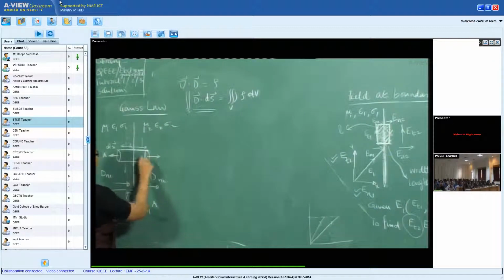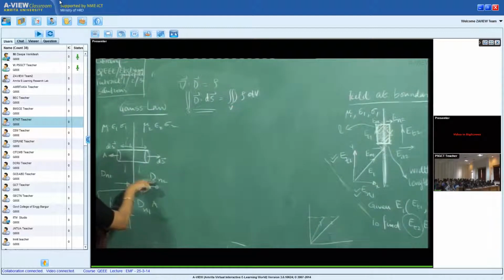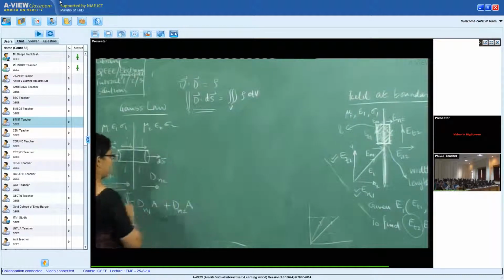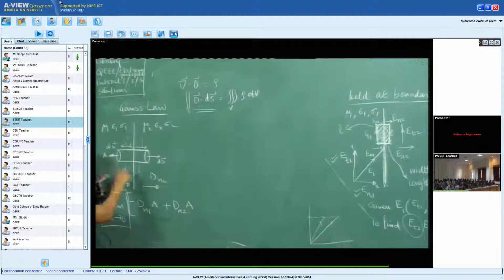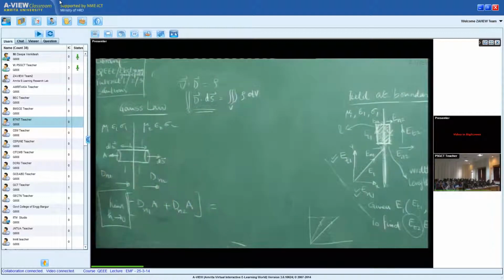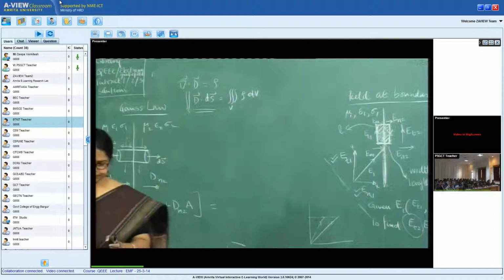The outward normal is in the positive x direction. And I know dN2 is the value of the normal component of D in the second medium. So this is plus dN2 A. Again this contribution goes to 0. This is equal to, what about the right side?